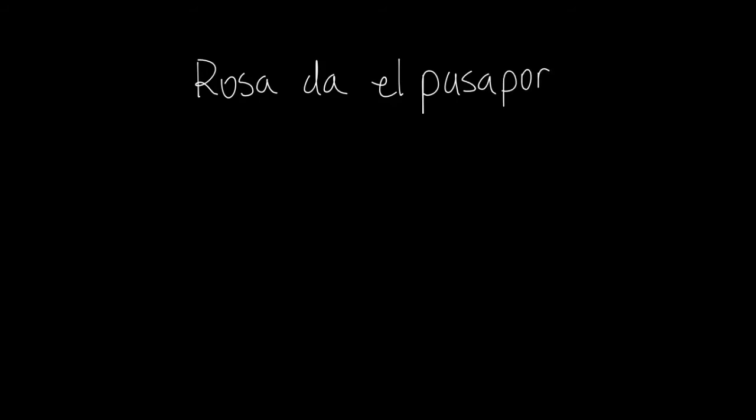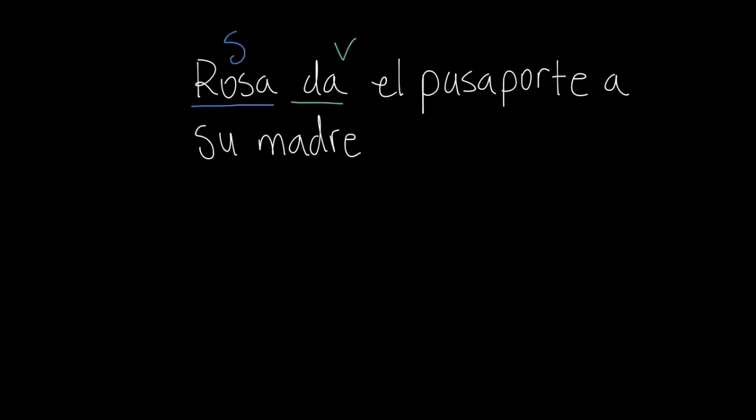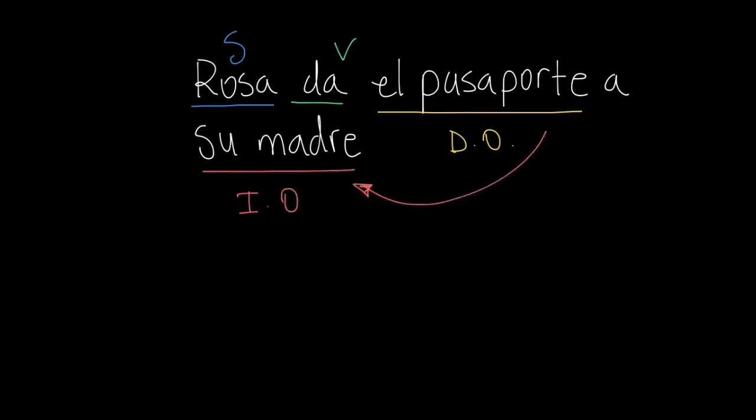Let's take a look at another sentence. Rosa da el pasaporte a su madre. Rosa is my subject, da my verb. El pasaporte is going to be my direct object, and su madre is going to be the indirect object because she is receiving the passport.